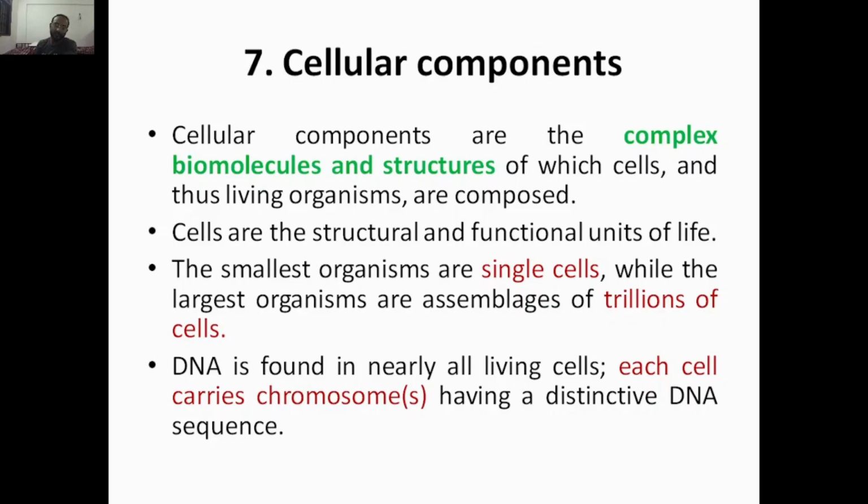are composed. That means living organisms have cells, right? Now these cells have some complex biomolecules and structures. Both the complex biomolecules and the structures we can call collectively cell components, like ribosomes in terms of structures, and DNA, RNA and proteins in terms of biomolecules, nucleic acids and all.